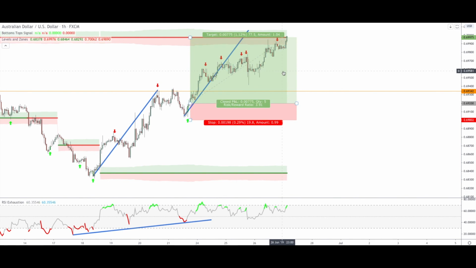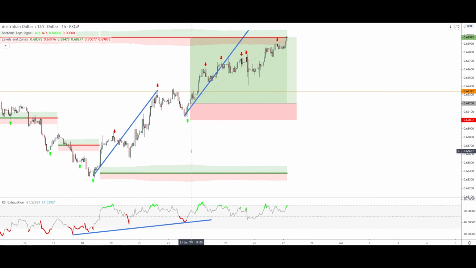It is a very frequent situation which most beginner traders fall into. They fall into the trap of getting emotional, and they don't stick to their initial analysis.